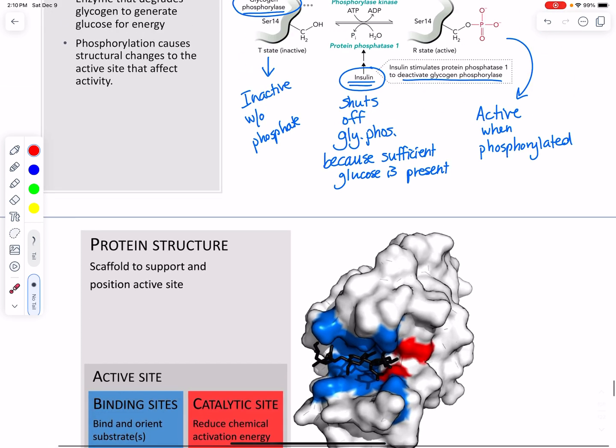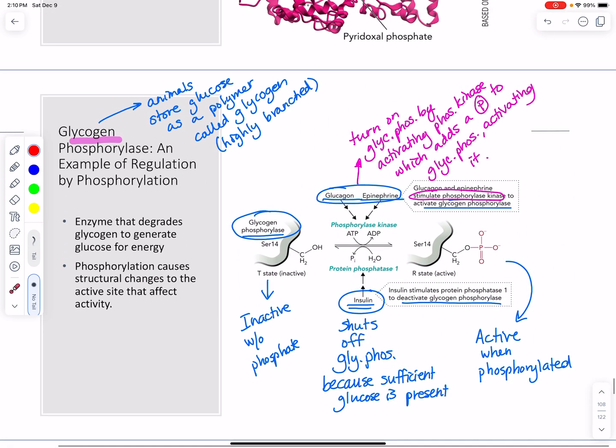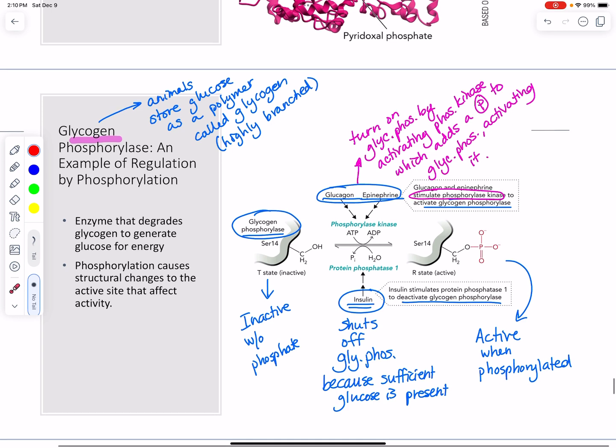All right. So that's the end of our examples for enzyme regulation, and we'll go over the answers to some of the practice problems in a separate video.